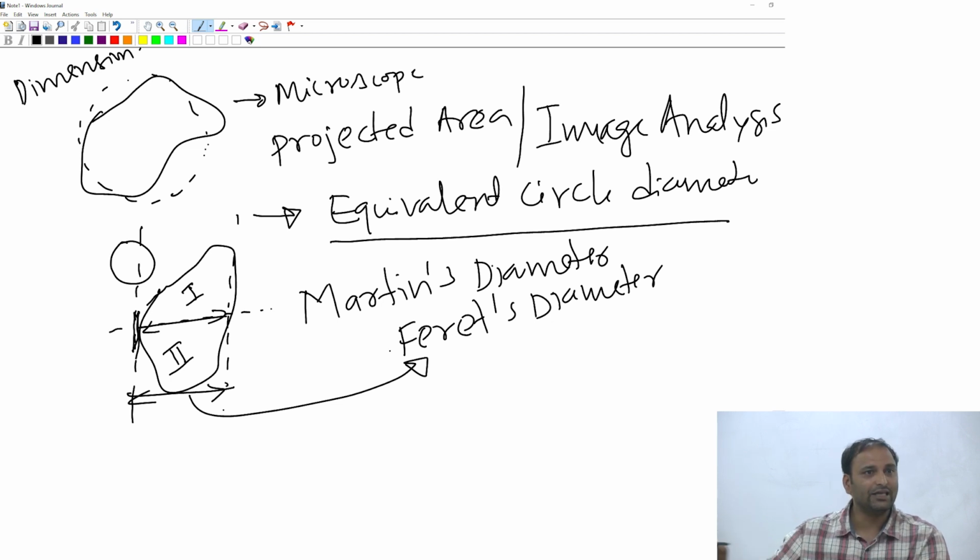I can easily calculate the projected area, equate that to pi r square, and back calculate the radius. So because I had access to microscopy and image analysis, I could think about equivalent diameter, Martin diameter and Ferret's diameter. If you were to do it with a scale and a pencil, it's very hard.